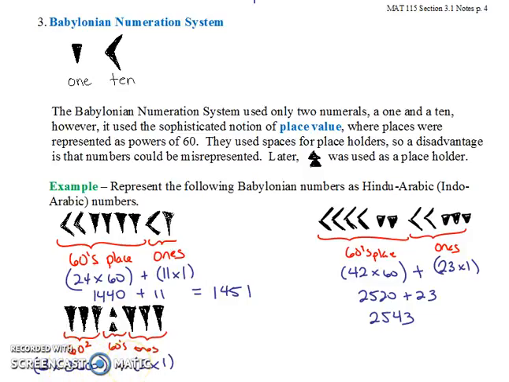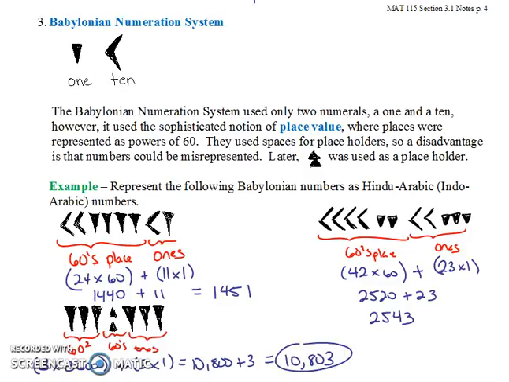So I'm going to add those two pieces together. I've got 3 times 3,600 plus 3, which is 10,800 plus 3, which is 10,803. And that's my answer.